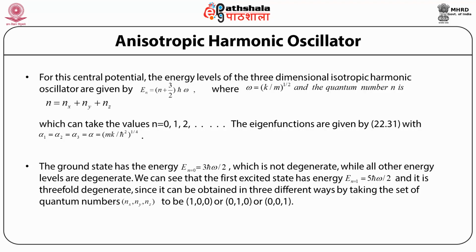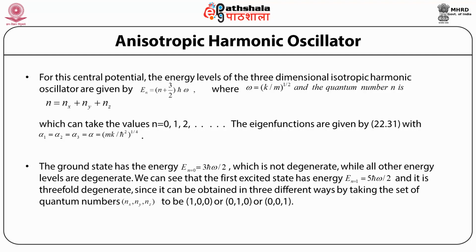Please remember, in the case of the one-dimensional harmonic oscillator, this was E for n equals 0 equals half of h bar omega, which we call the zero-point energy or ground state energy. Here, unlike that, it is 3 h bar omega by 2 because we are dealing with 3 dimensions.